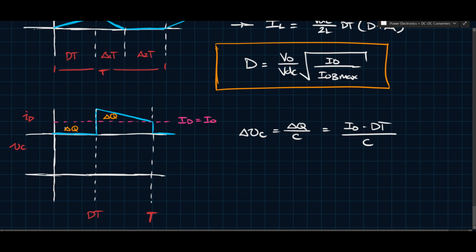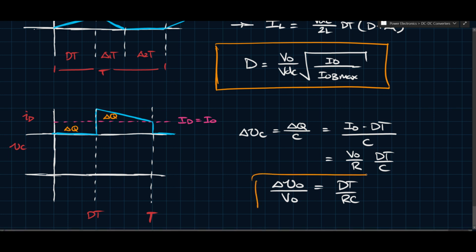That's what this area here is, for example. And we know that I/O is VO over R, and this is dt over C. And so you can say that delta VO over VO is equal to dt over RC.